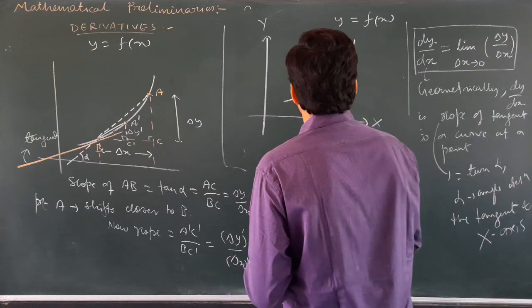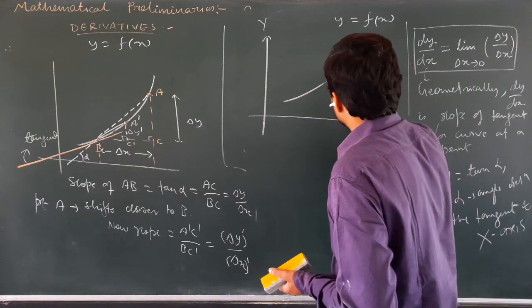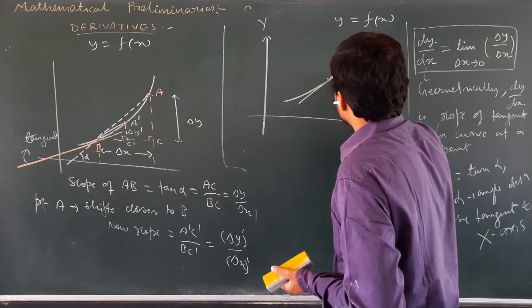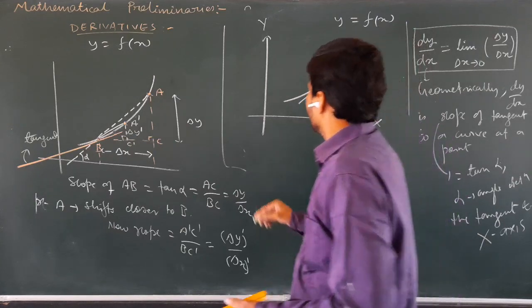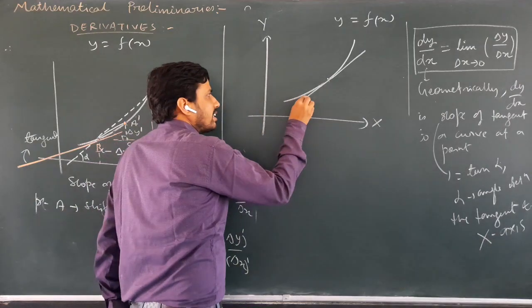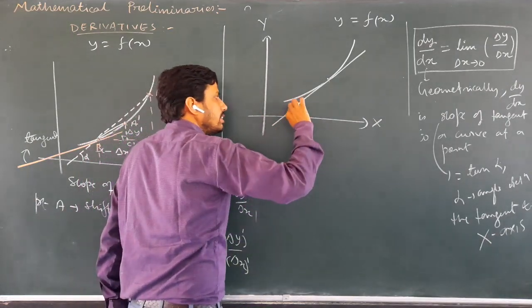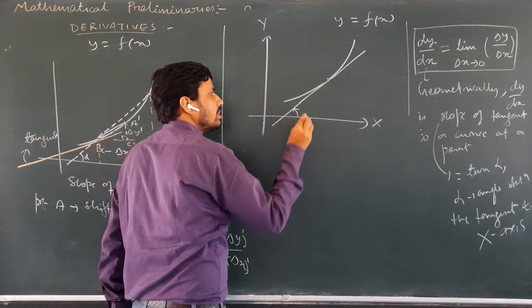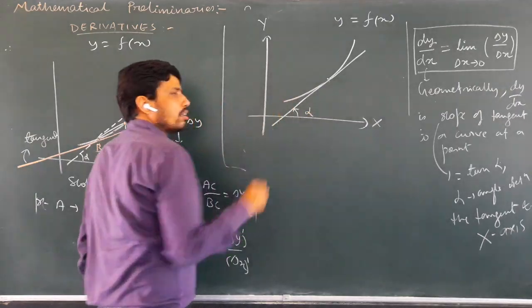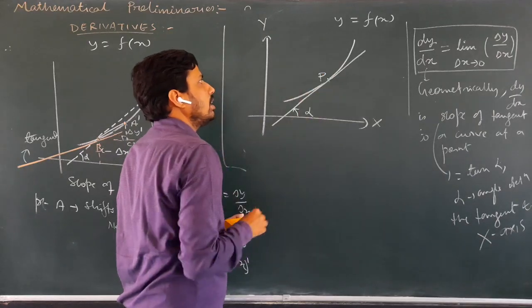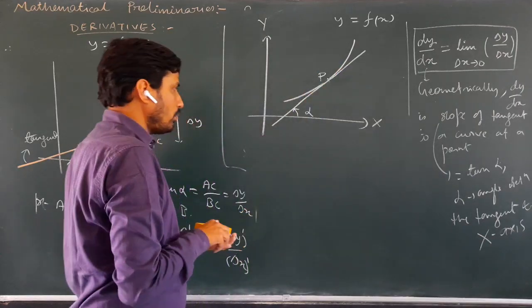So if this is the curve, we will draw the tangent like so at this point. Then that tangent will intersect the x-axis at some point, so produce it. This is the angle made by the tangent with the x-axis. Let this angle be alpha. Let this point be P. And this graph is y is equal to f(x).